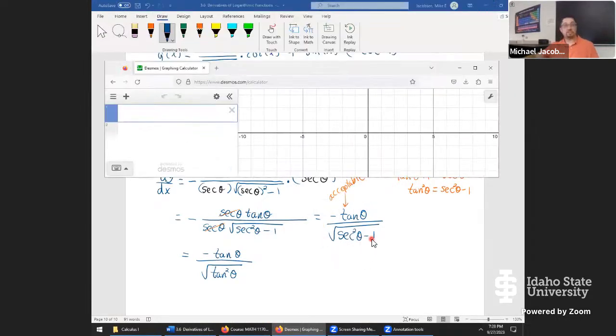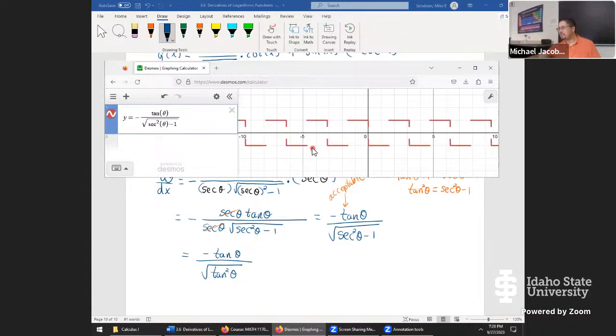So if we put this answer into the calculator, here's how it comes in as negative tangent theta over the square root of secant squared theta minus 1. We want this to be something I'll plot, so I'll just call it y equals. So there's our graph so far.